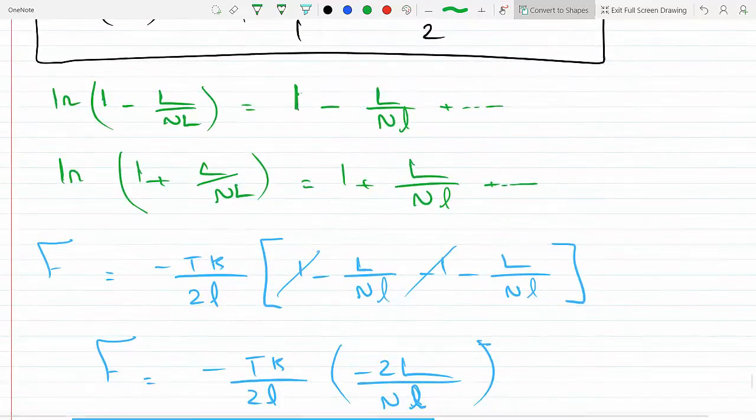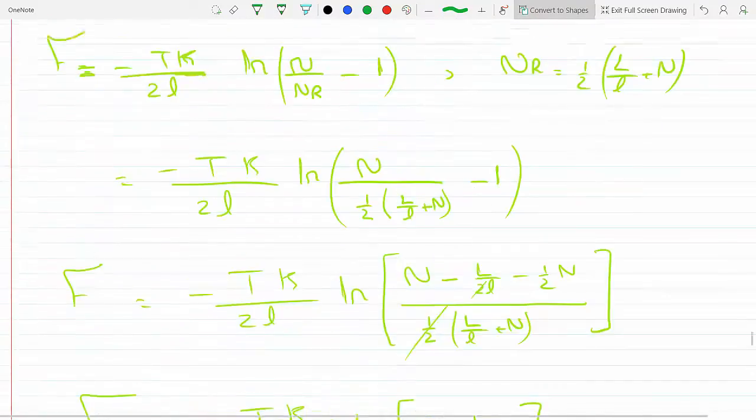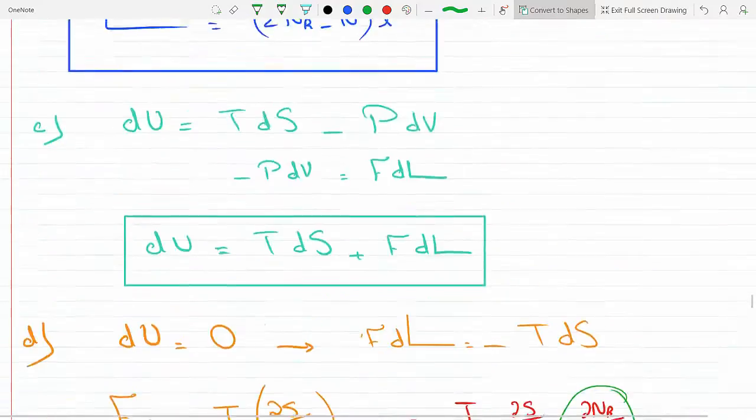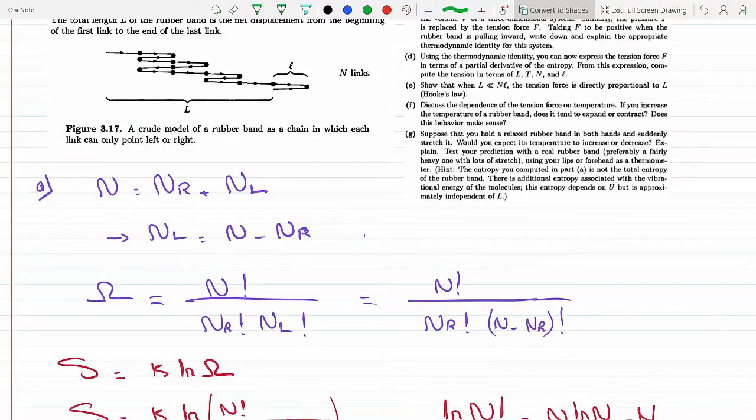Okay, and for part G, the last one, it says, suppose that you hold a relaxed rubber band in both hands and suddenly stretch it. Would you expect the temperature to increase or decrease? Explain, test your prediction.